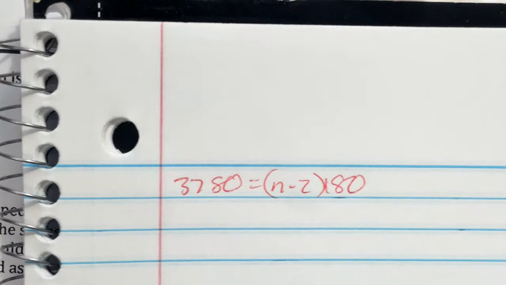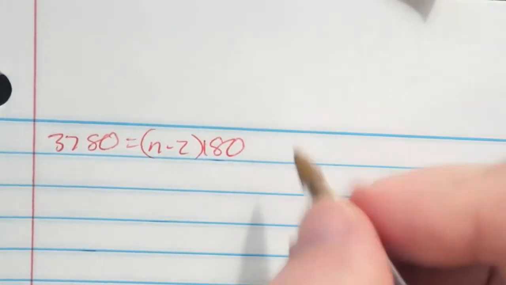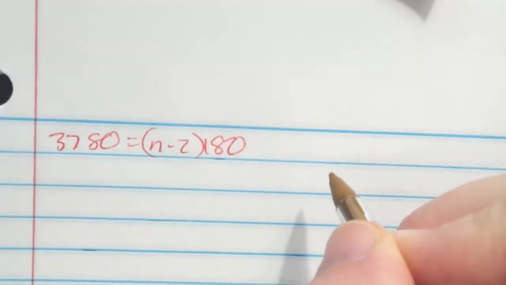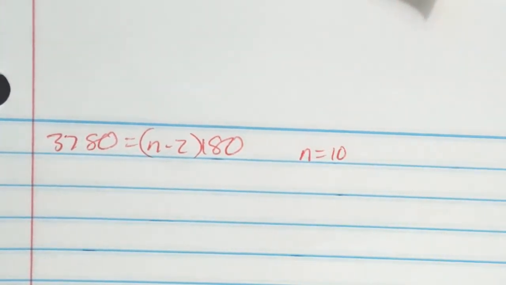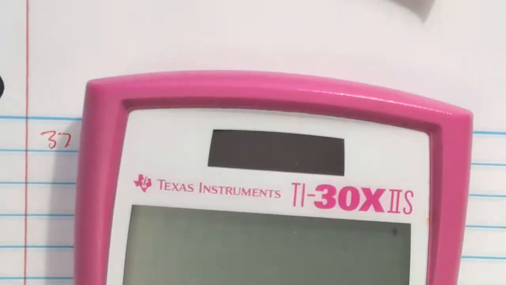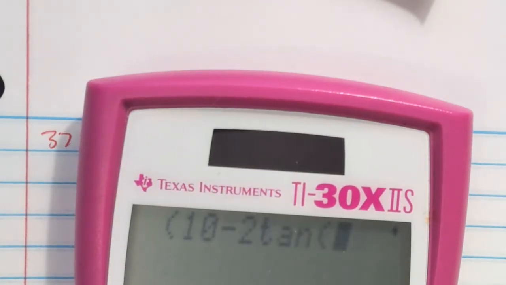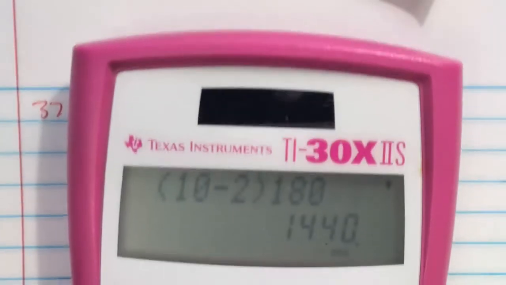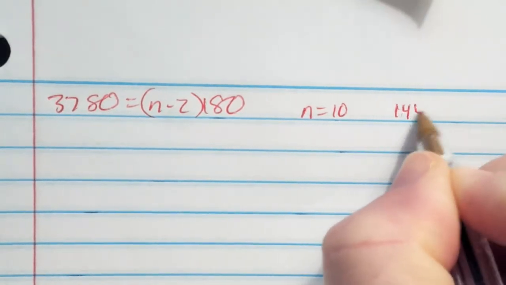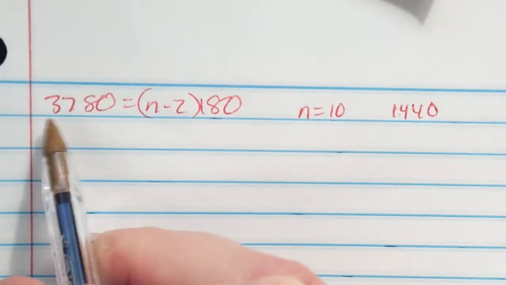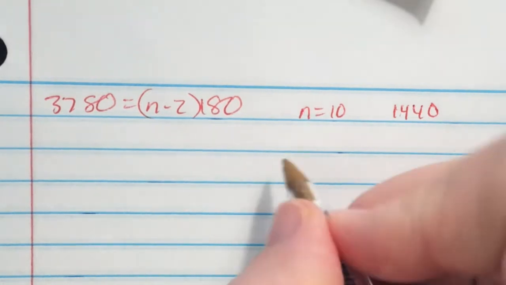What if n equals 10? 10 minus 2 times 180 gives 1440, and that's not the number we wanted. We want 3780, so let's go a little higher.